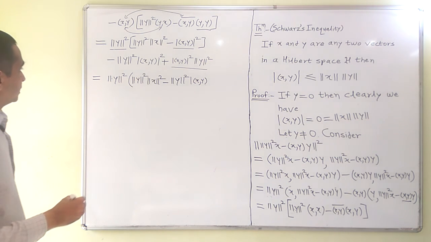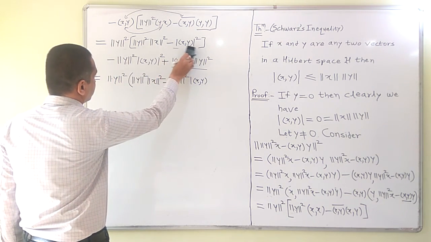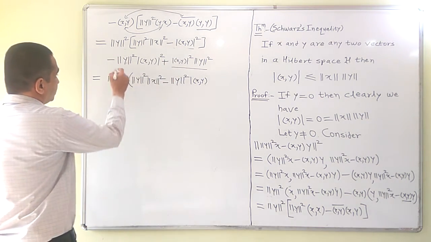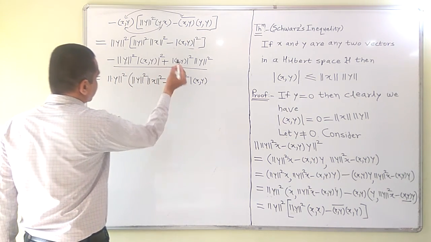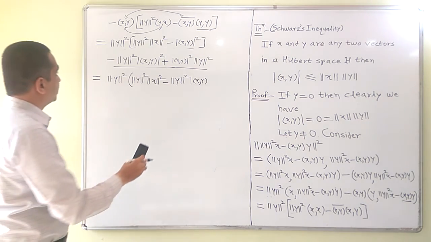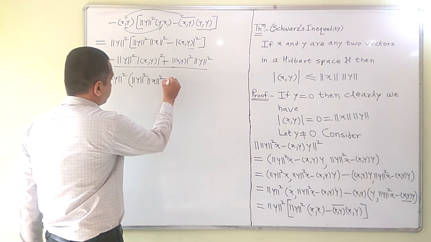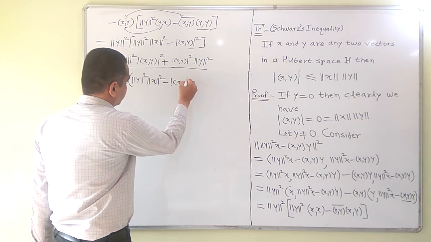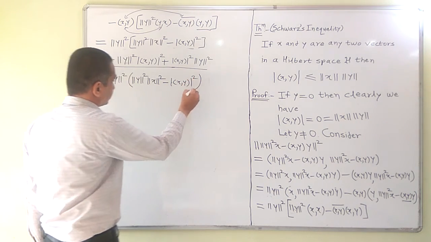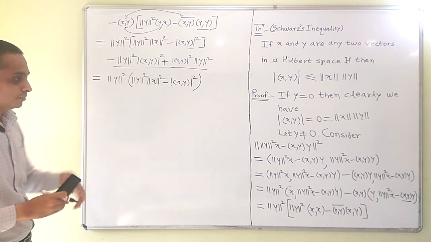In fact, let me rephrase this. Whatever I told is correct, but it is easy to observe that these two terms get cancelled. So, we are just left with this expression. That is simpler. So, minus mod of xy square. These two terms get cancelled and we are left with only this term.